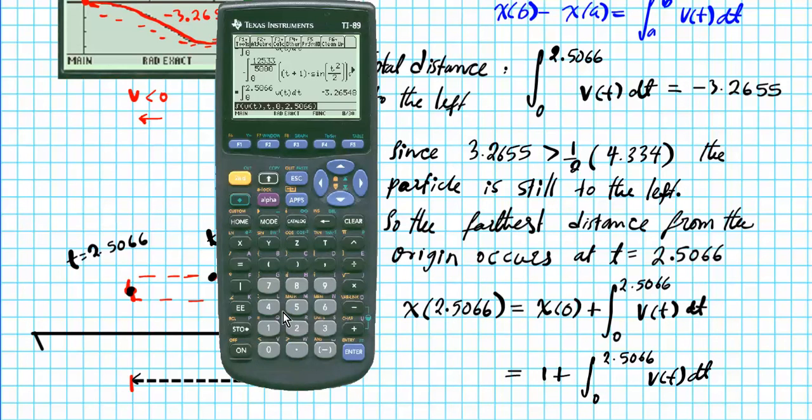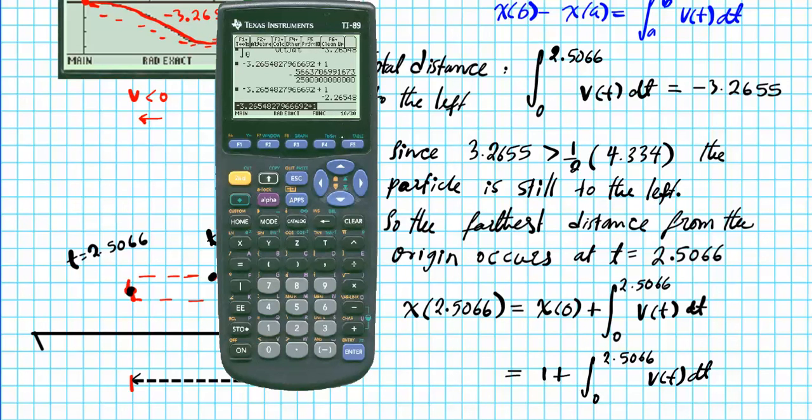I already have part of it here, so I'll just add 1 to my answer. I don't want to waste time because this calculator takes forever to evaluate the integrals. So just add 1, bam, and enter, bam. Okay, so that's the displacement.